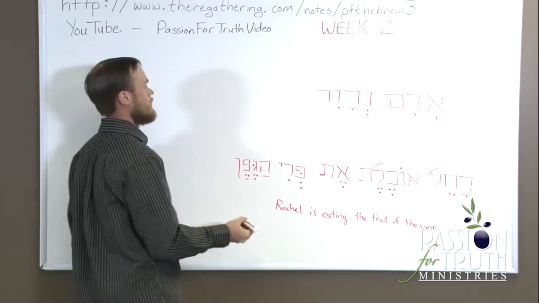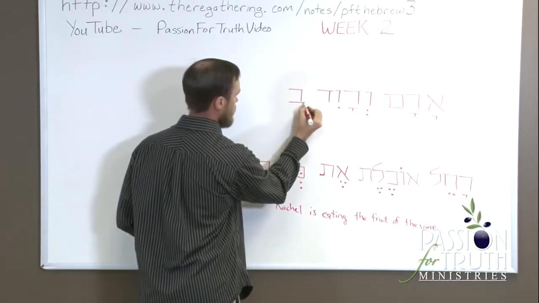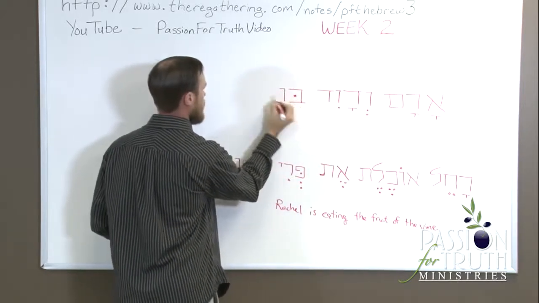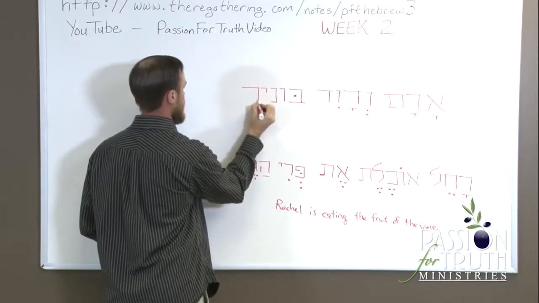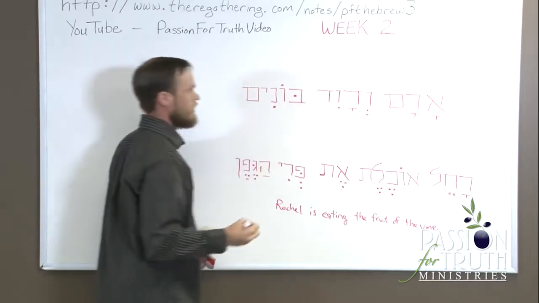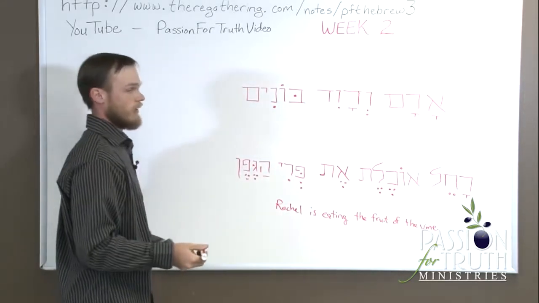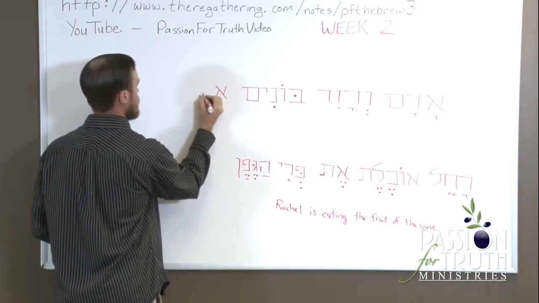So, we'll use our lamed he conjugation. And the masculine plural turns out to be bonim. Okay, Adam v'David bonim. Now we've got our object, so we'll precede it with et.